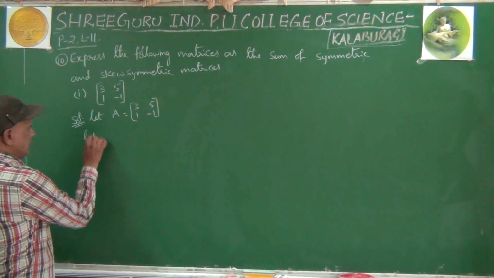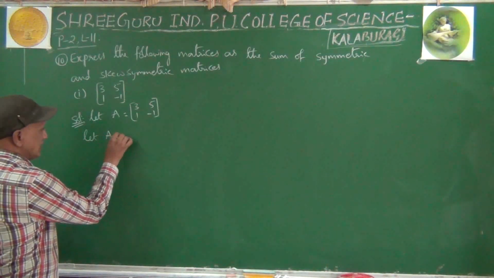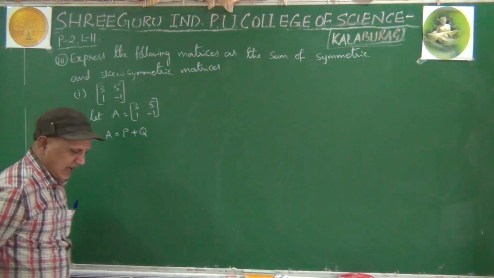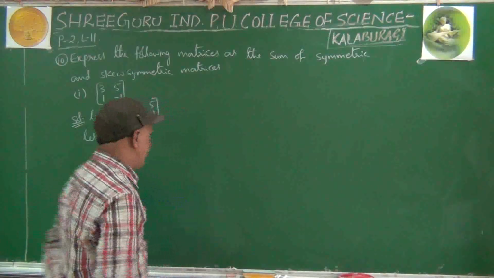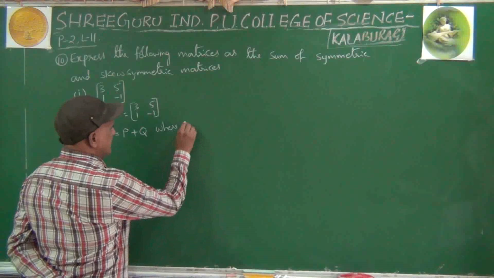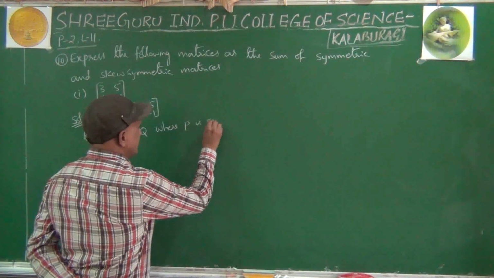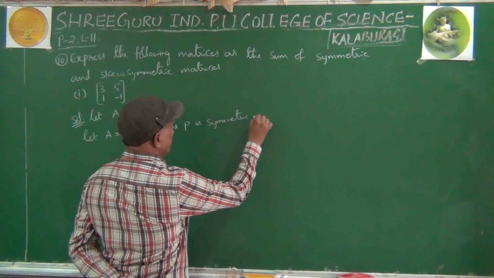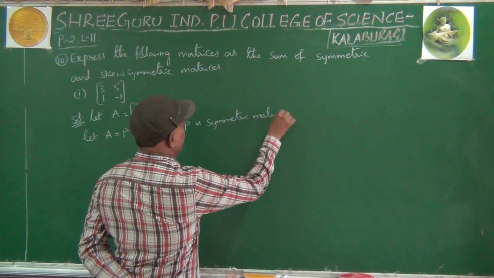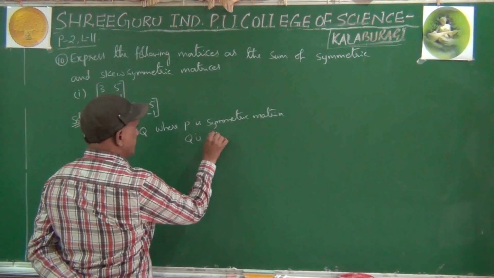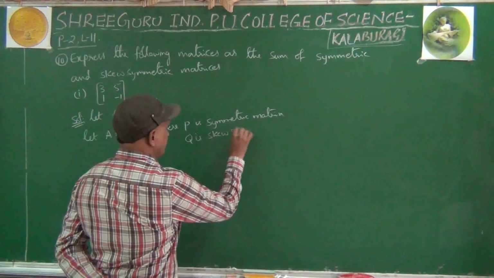Let capital A equal to P plus Q, where P is a symmetric matrix and Q is a skew symmetric matrix.